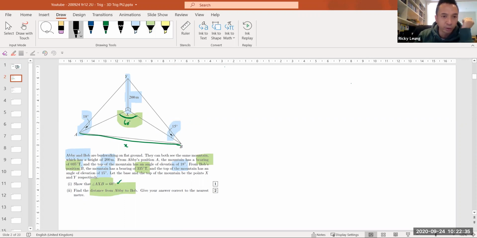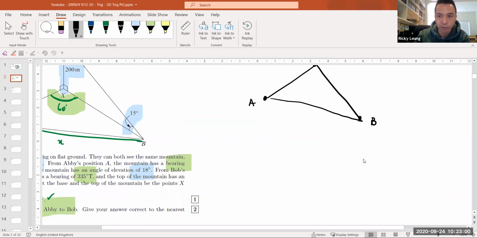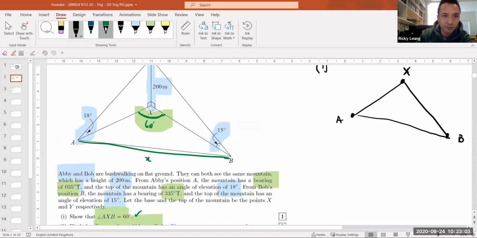Yeah, so what I'm going to do, I'm going to do a bird's eye view diagram for part 1, where we have point A looking up to point X, looking down to point B. Now, I don't really mind how long these lengths are at the moment, right? Now, what I need to do is basically to use bearings to get an angle for this guy, right? I need to prove that this guy here is 60 degrees.